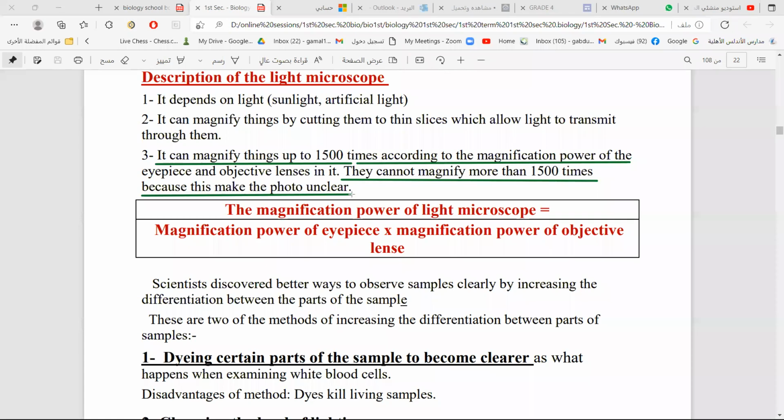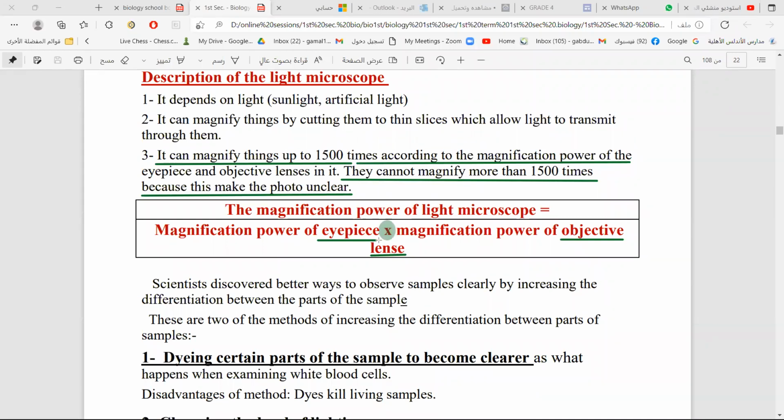And we have two lenses, so we have two magnification powers. We have the magnification power of the eyepiece or ocular lens, and the magnification power of the objective lens. If we multiply them, we get the total magnification of the microscope.